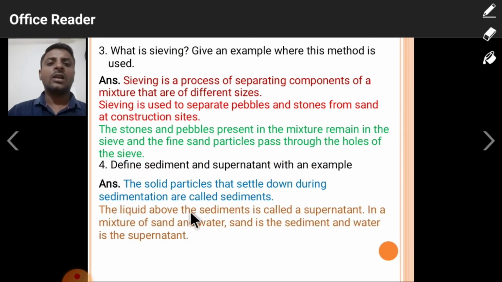The liquid above the sediment is called supernatant. In a mixture of sand and water, sand is the sediments and water is the supernatant.